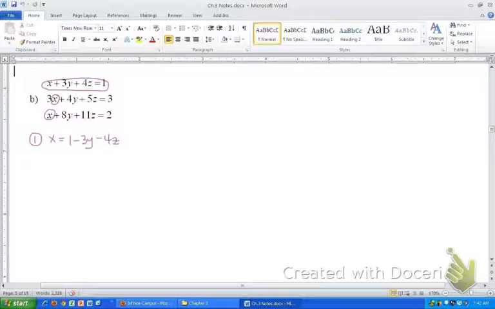So for the first of the two equations, you're going to have 3 times the value x, which we have found our value of x to be 1 minus 3y minus 4z.